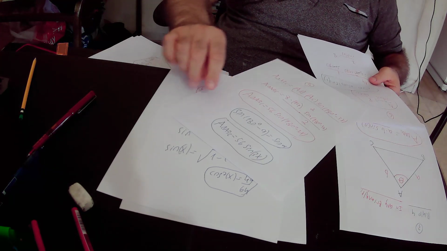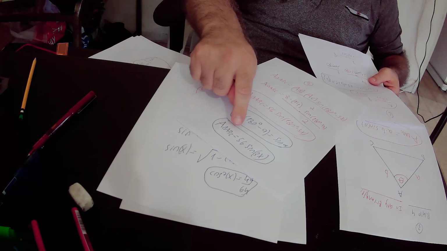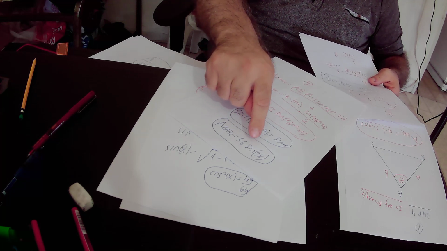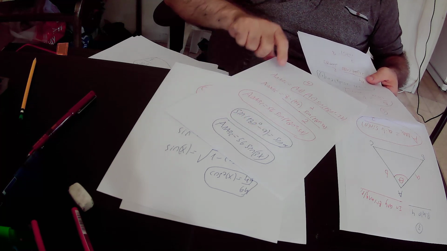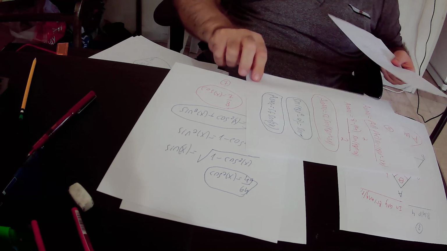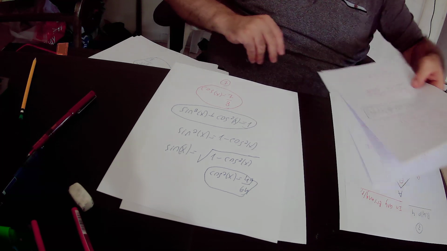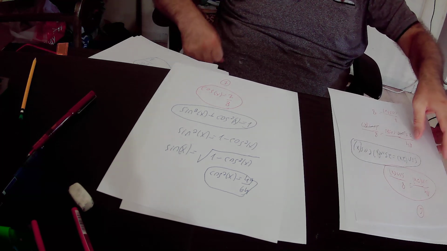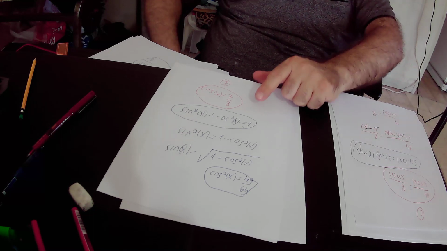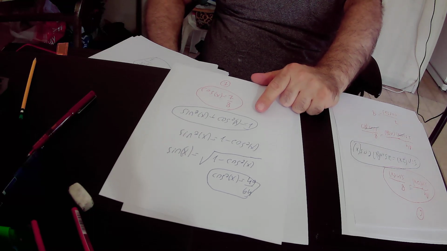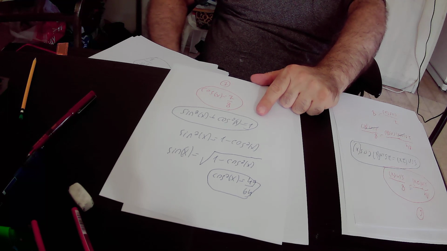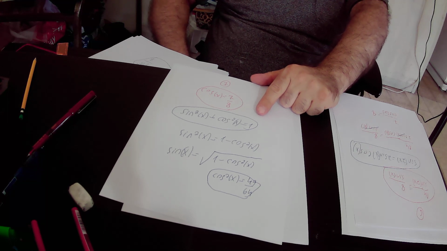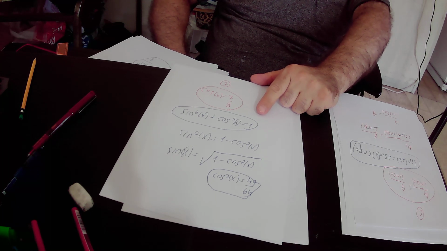Because we have this equality that states that the area of triangle ABC equals 56 times sine 3x, we have to find the value of sine x in order to find the area of triangle ABC. So according to this trigonometric identity, sine square x plus cosine square x equals 1.